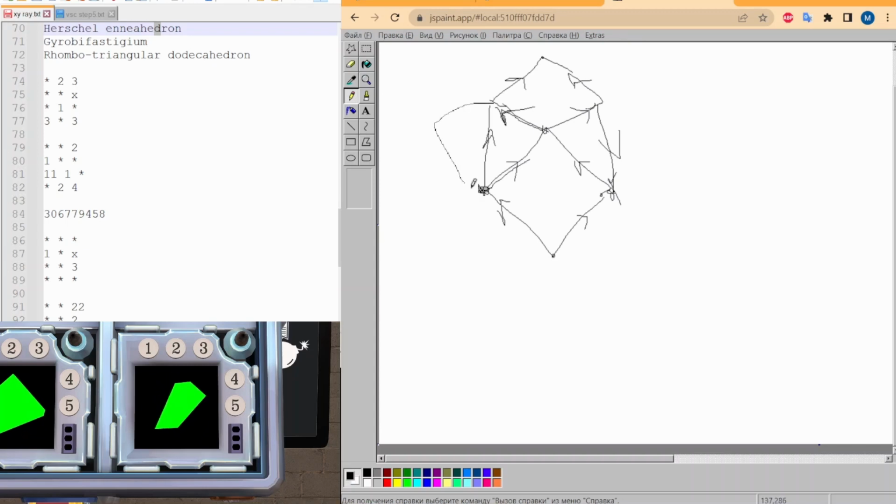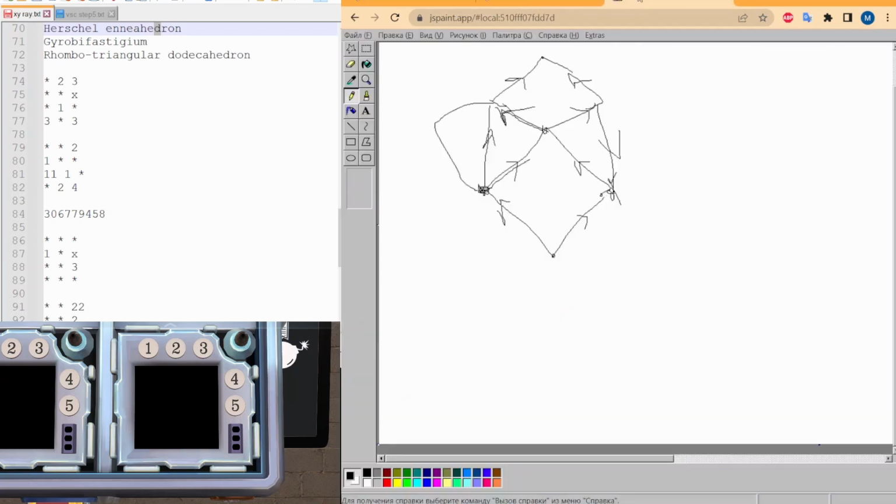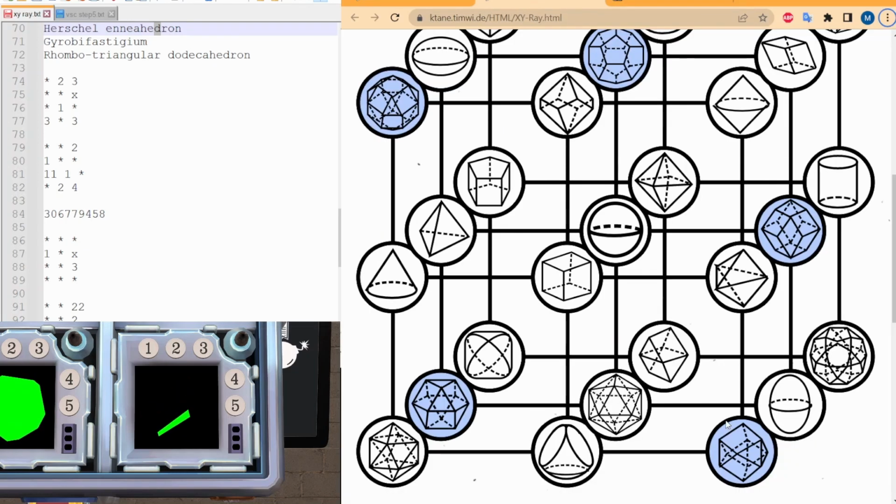If it's a triangle, then it can't be either of these. It's going to be probably this one, because triangles here are connected to two squares and another triangle on the side. Yeah, if it was a pattern like this, it would probably be this one.